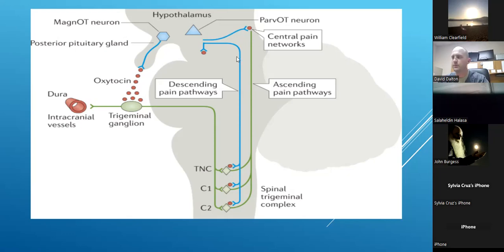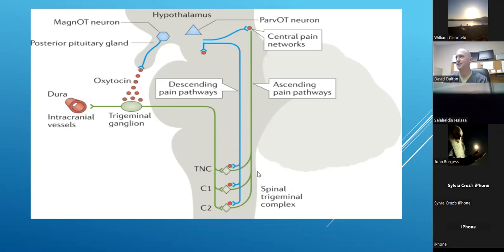And so oxytocin is part of the descending analgesic pathway that puts the brake on the pain signal of the ascending nociceptive pathway, as you see in the green ones.